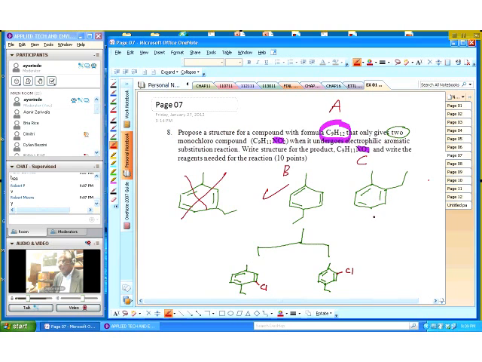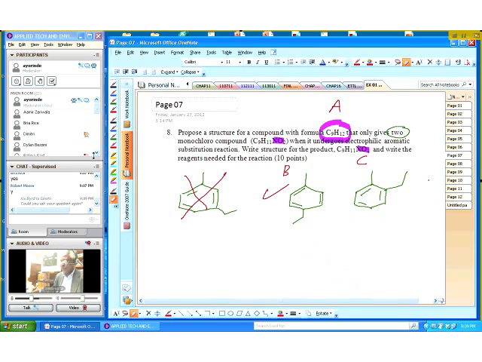But just for the sake of this discussion, let us look at C. What happened with C? Let me make some room here. So we say the answer is B, but what happened with C? Let's see here. It could form chlorination.